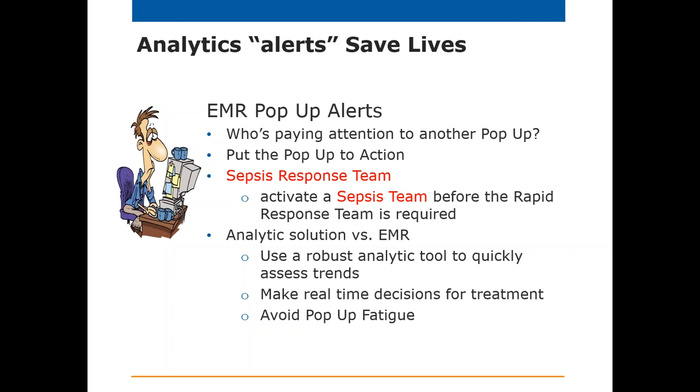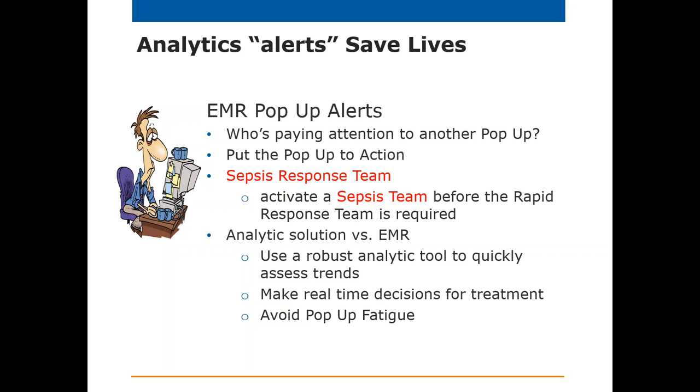So my suggestion here is to use a different way to put pop-ups into action. You can either change the way your pop-ups work or do something to screen or signify that you've got a high-risk patient here. This can be done within your EMR vendor or an analytics tool that you potentially use.